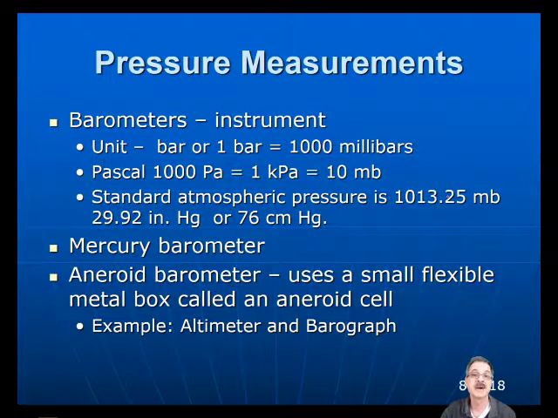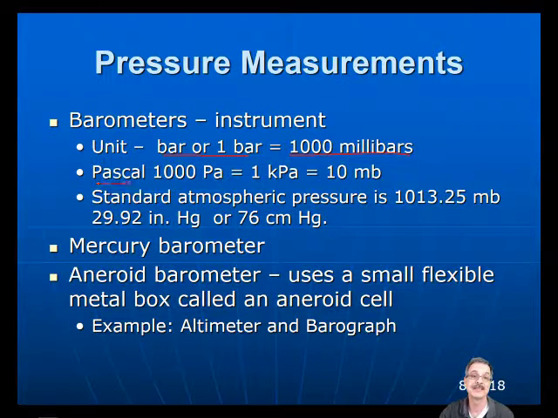Okay, here's how we measure pressure. We measure pressure in terms of bars. Now a bar is a really big unit, so we like to use a smaller unit. So 1 bar is equivalent to 1,000 millibars, or MBs, and that's what we measure things in.